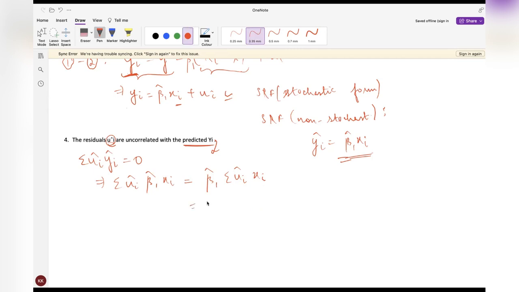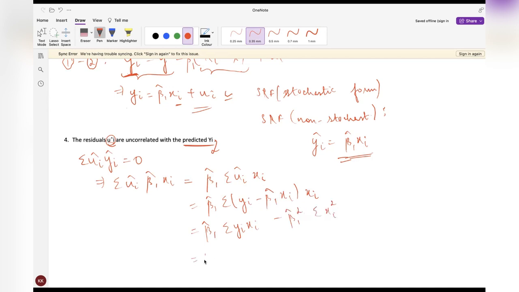Now this can be written as beta 1 hat into summation of, what is the value of ui hat? That is yi minus beta 1 hat into xi, using this equation, into xi. Let's open this up. We will get beta 1 hat into summation of yi xi minus beta 1 hat square into summation of xi square.